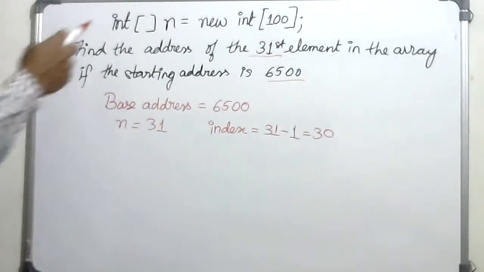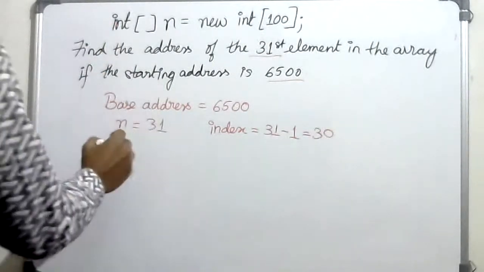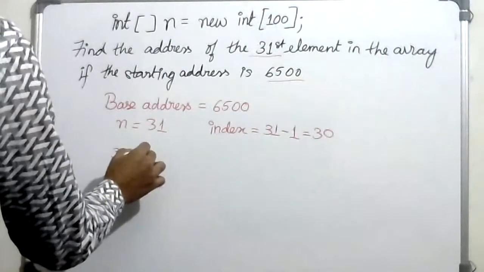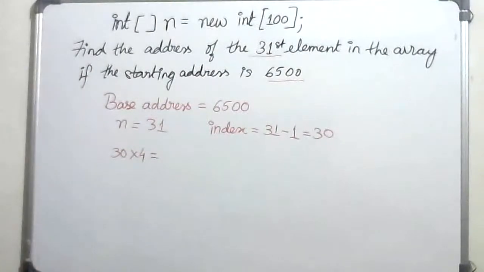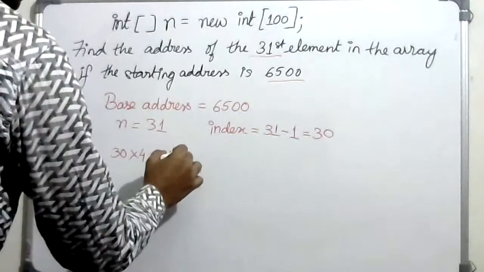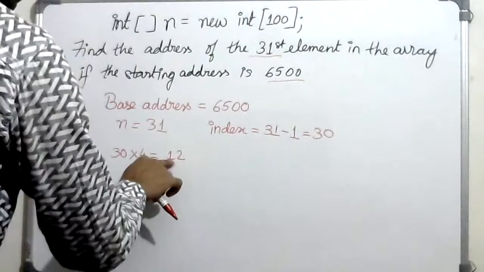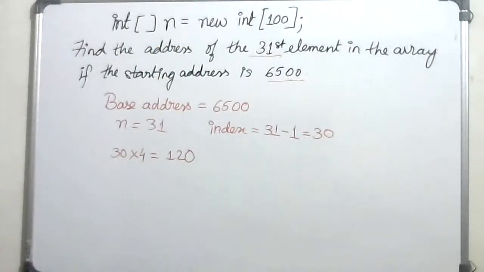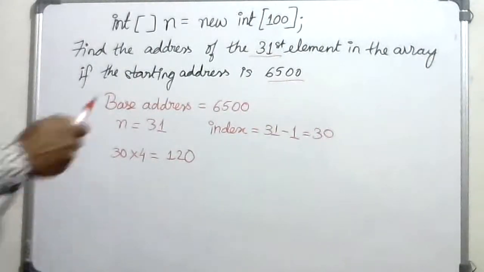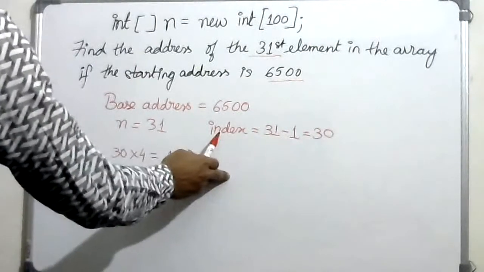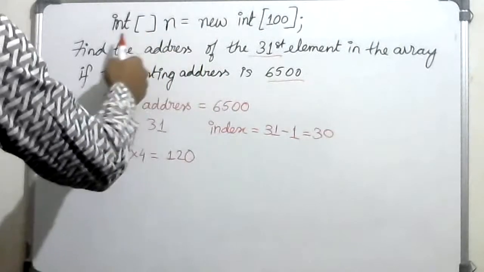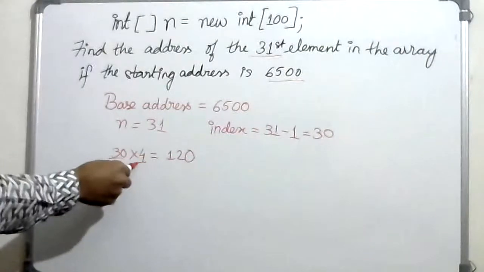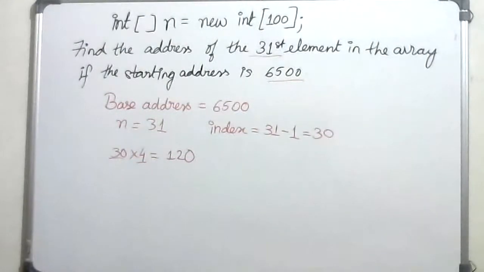We know the size of int is 4. So we do 30 into 4, which gives us 120. So we multiply the index number with the size of the data type.